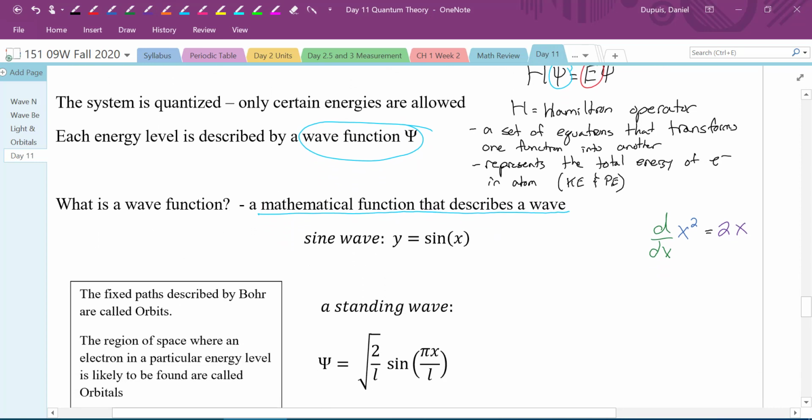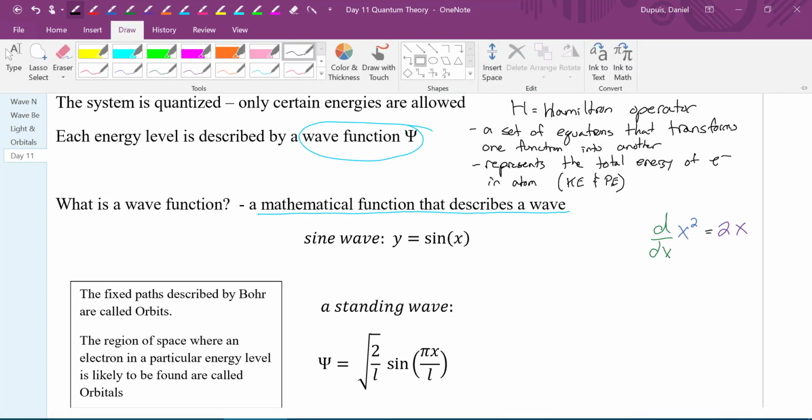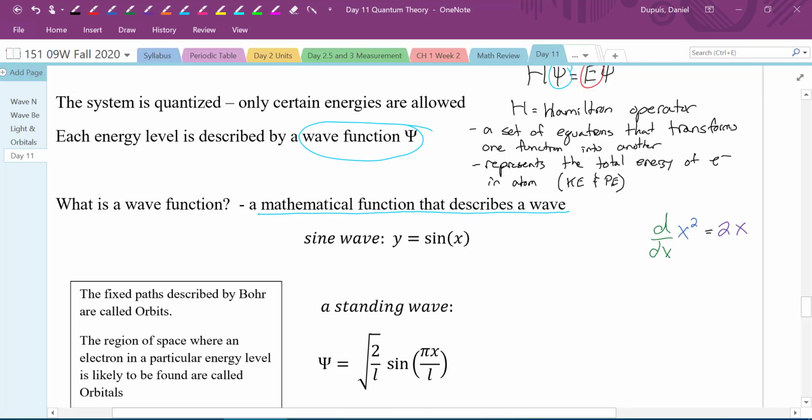But you guys know some of these, so let's draw xy here. You guys know what y equals sine x looks like. All right? So that's y equals sine x.